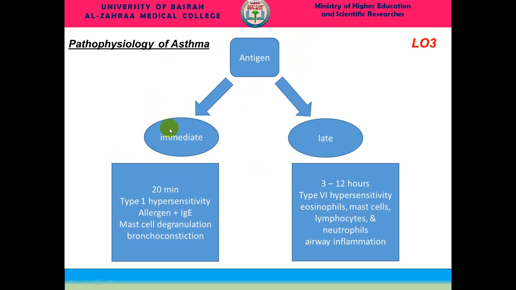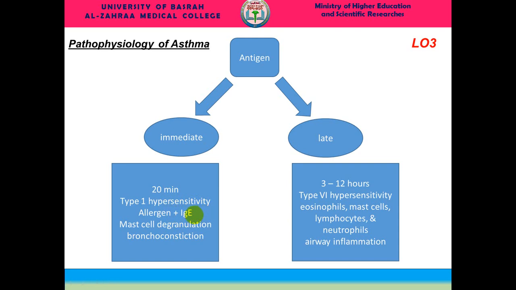An immediate response that will occur within 20 minutes from exposure to the antigen, and this is a type 1 hypersensitivity reaction, and it results from the interaction between allergen and the IgE. Therefore, IgE plays a very important role in the pathophysiology of certain types of asthma, and later on we will talk about anti-IgE treatment as part of therapy of bronchial asthma.